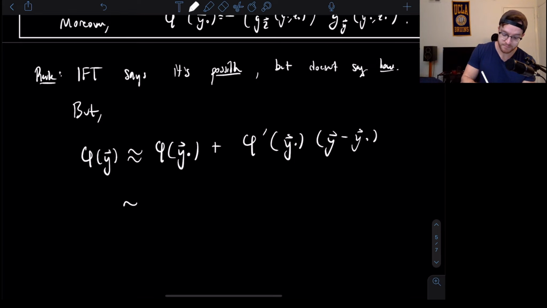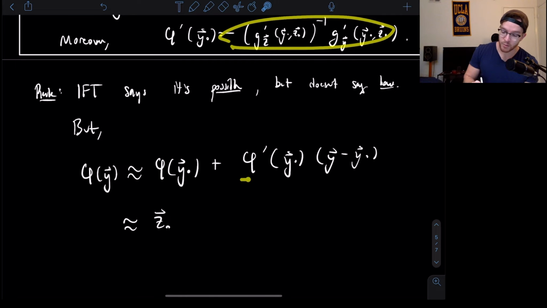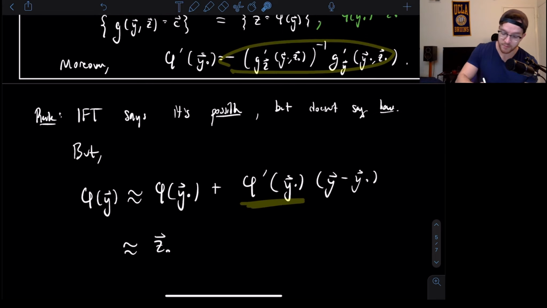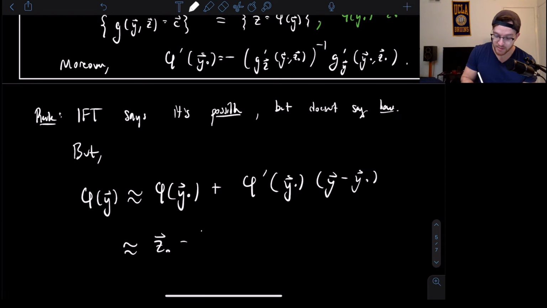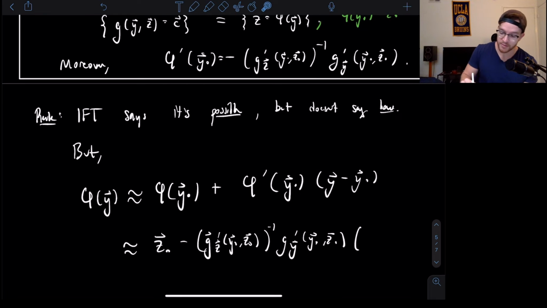Anyway, so phi of y0 is z0. And then, according to this moreover statement, we know what the Jacobian of phi is. It's minus the inverse of g prime z times g prime y. And then I've got this vector, y minus y naught.